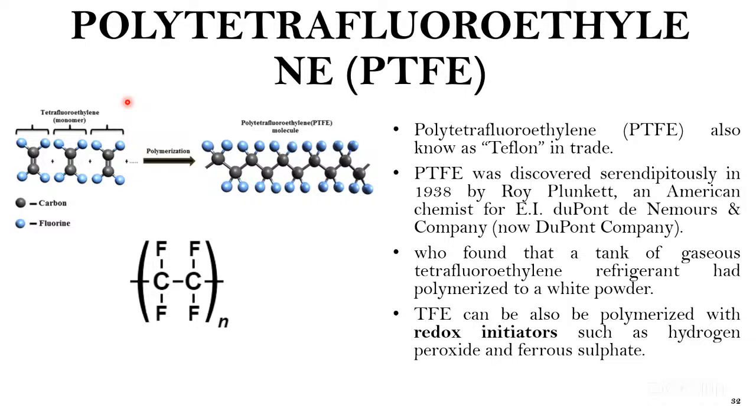After the finish of World War II, one of the scientists who was working kept this gas, CF2, which is one kind of gas, in a cylinder, like nitrogen, oxygen and all those gases come in cylinders.